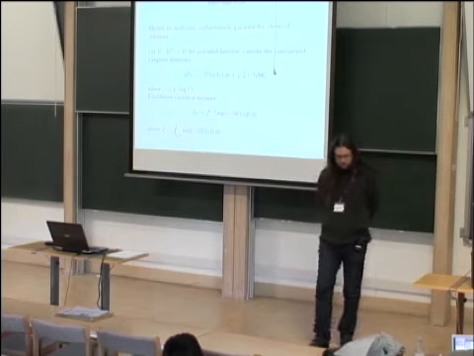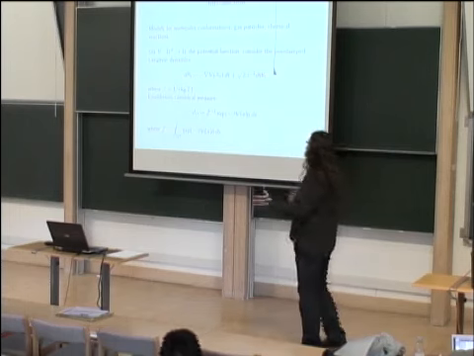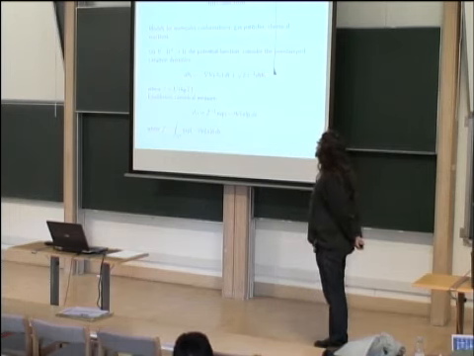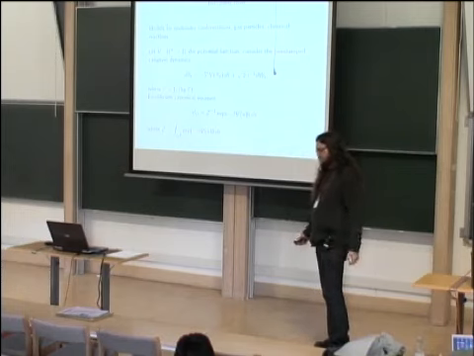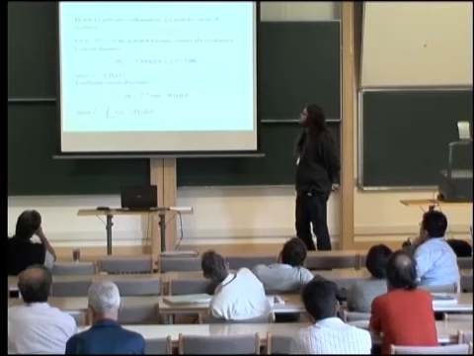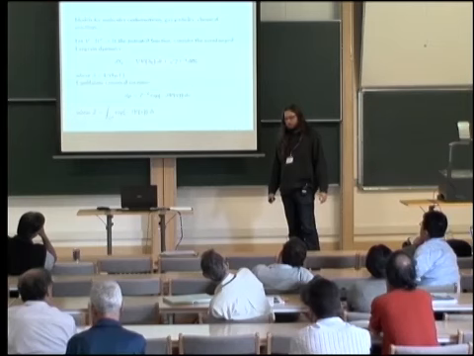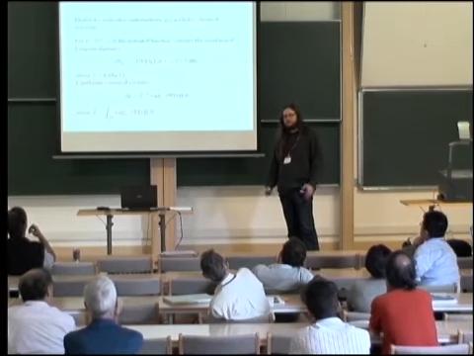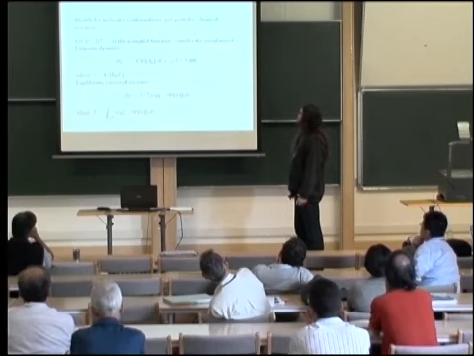Usually all the information about the system is in a potential V. V is just a function from R^D, where R^D is the space of all the configurations of the system, into R. If V is low, the configuration will be preferred, and if V is high, of course, the configuration will not be very likely.